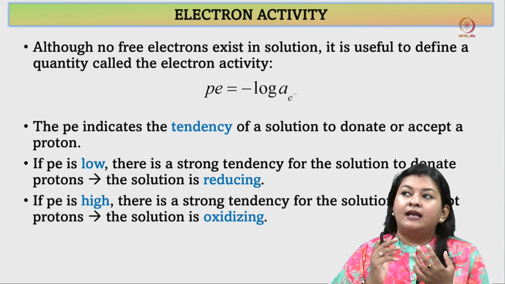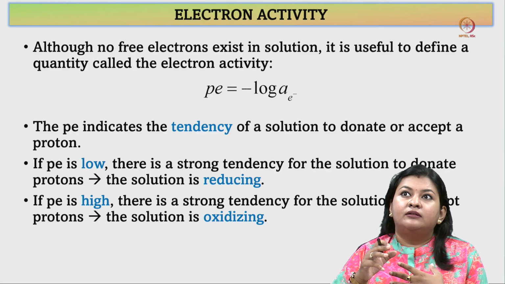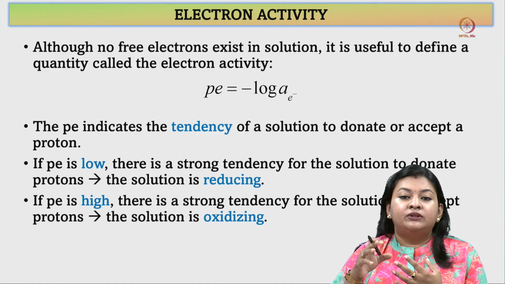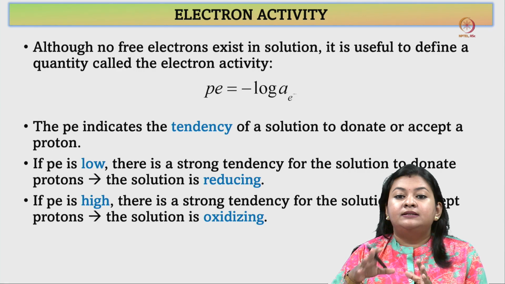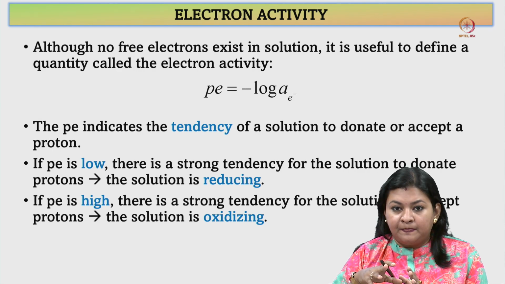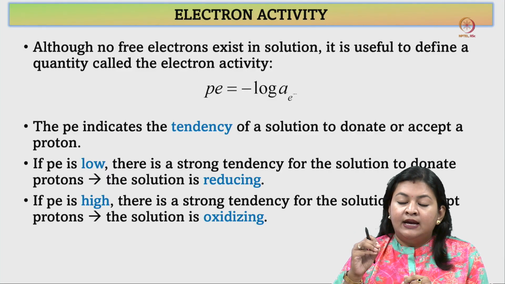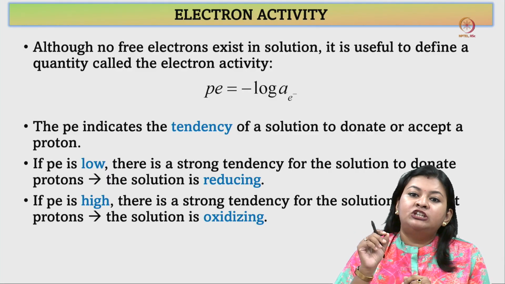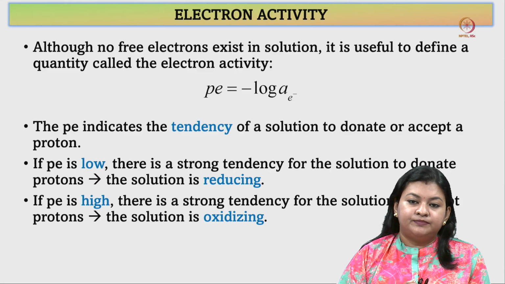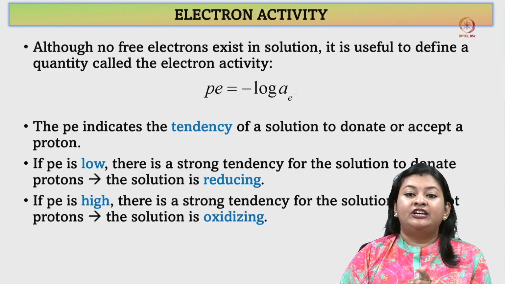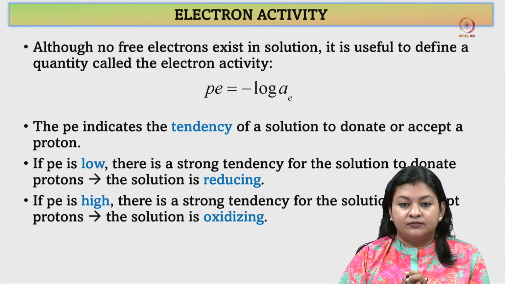Now, as we defined something called pH when we were talking about acid-base reactions, our acidity or alkalinity depends on the H plus ion availability. So, pH gives us an indication of H plus ions in solution.